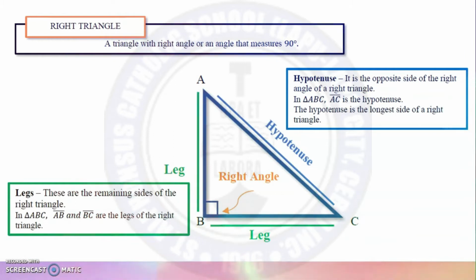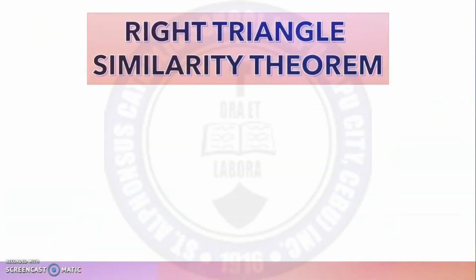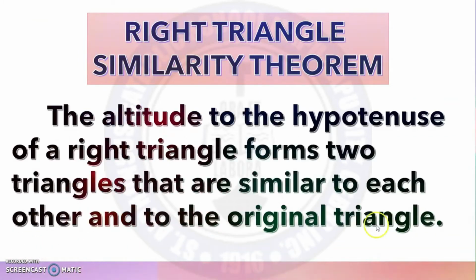Now that you know the different parts of the right triangle, we will proceed to the right triangle similarity theorem. This theorem states that the altitude to the hypotenuse of a right triangle forms two triangles that are similar to each other and to the original triangle.